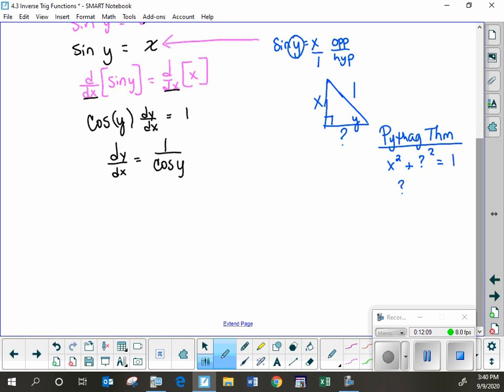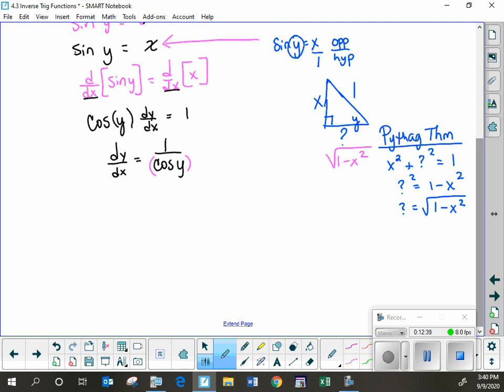The question mark squared would be 1 minus x squared. And therefore the question mark is going to be the square root, and I'm going to keep the positive case since it is the length of a segment. So the question mark is the square root of 1 minus x squared.